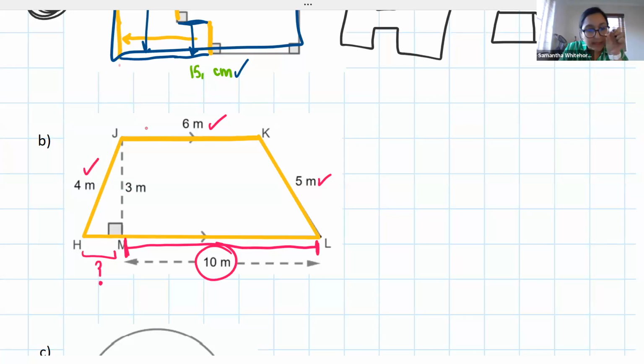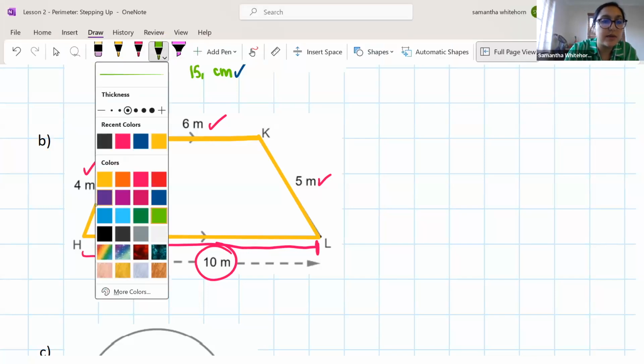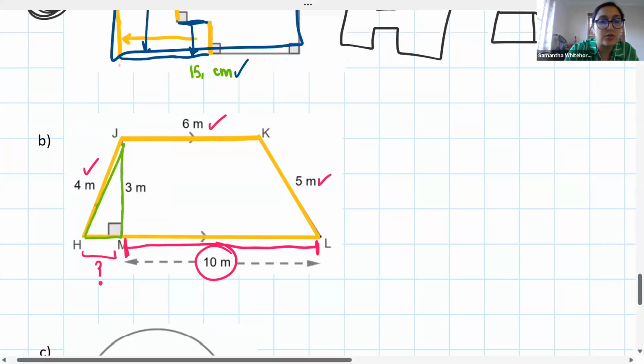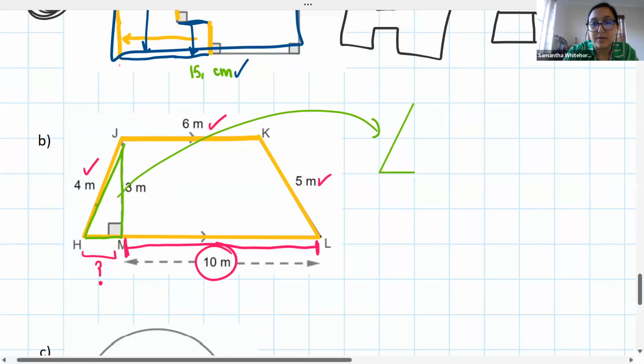So the only missing length is that HM length. If you look at the diagram, we can easily work that out, because we have a right-angled triangle. So if I remove the right-angled triangle, exactly as Sinyane said, we can find HM using Pythagoras.